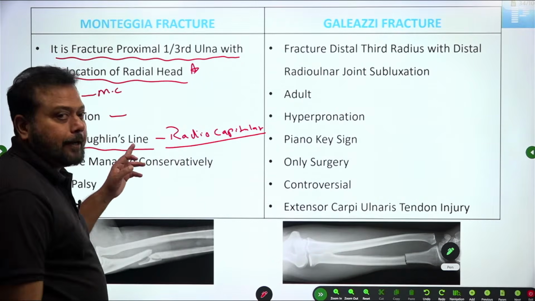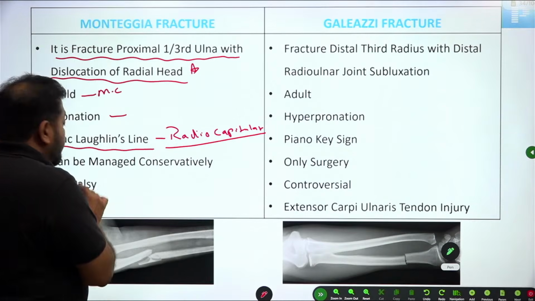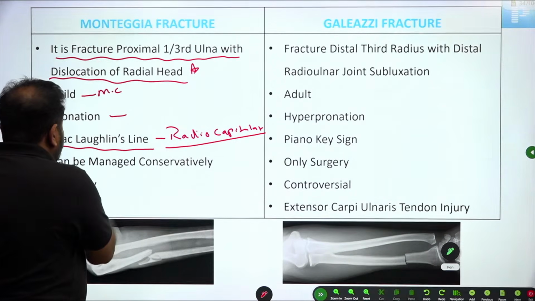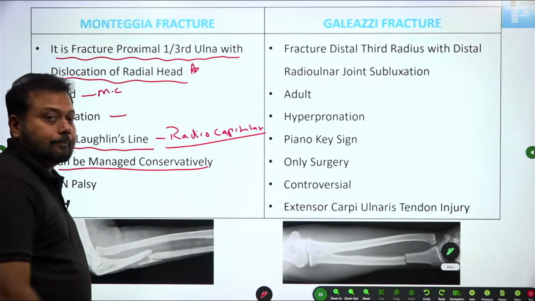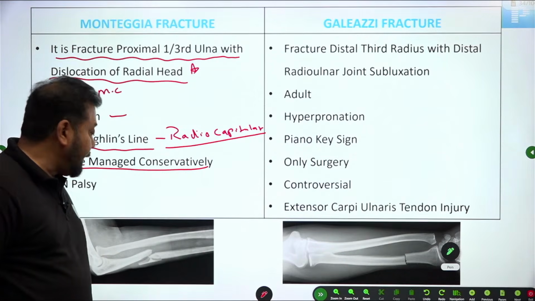This is a very, very important thing. I am going to explain everything. Please wait. Monteggia fracture can be managed conservatively. Only if needed will they do surgery, but POP is also tried.